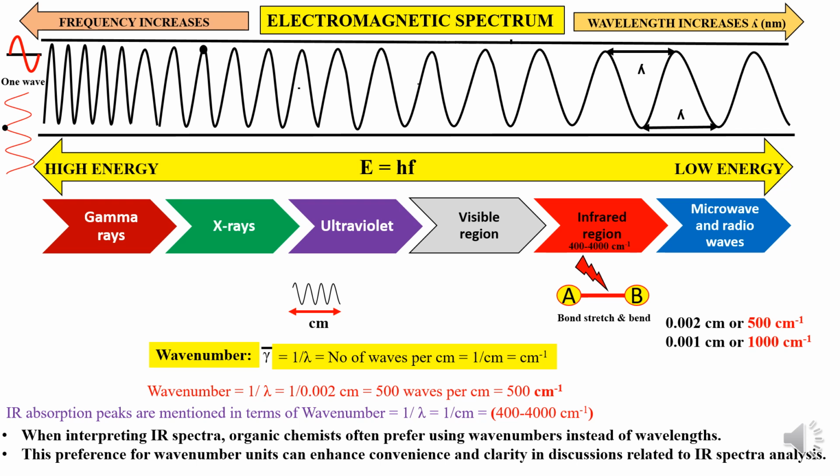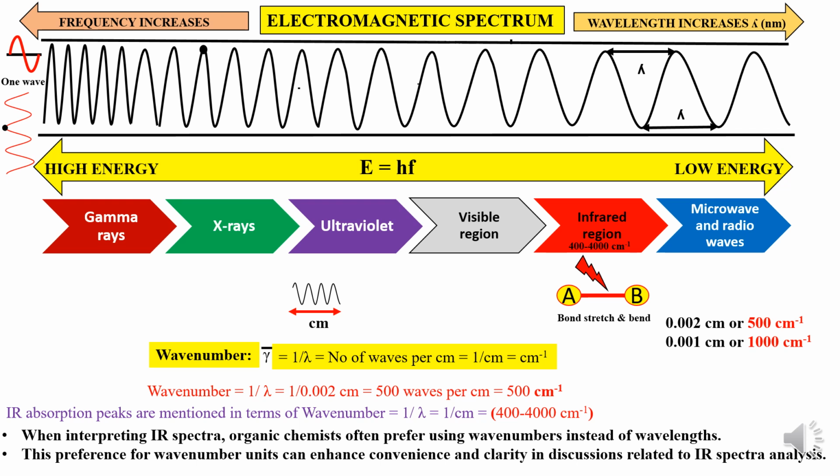So when interpreting IR spectra, organic chemists often prefer using wave numbers instead of wavelengths. Now this preference for wave number units can enhance the convenience and clarity in discussions related to IR spectral analysis.